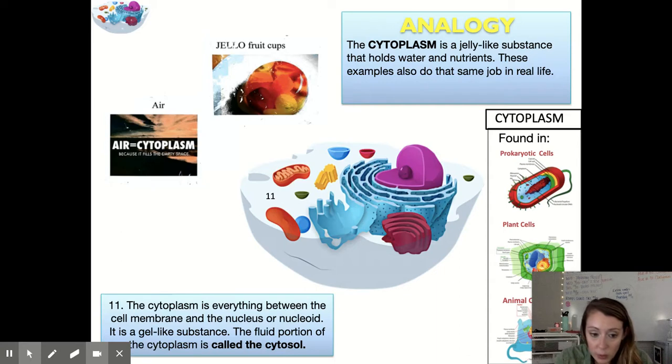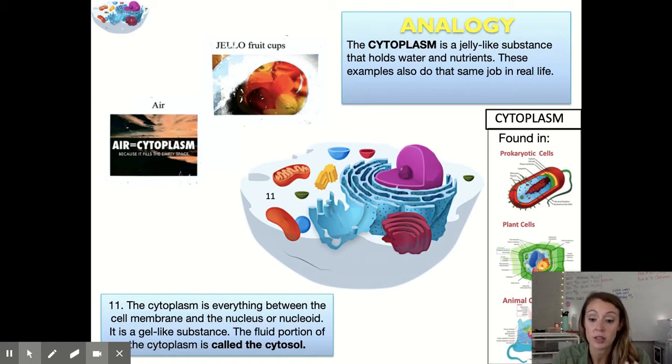So we're going to write down that it's a gel-like substance, and it has fluid like water and stuff for the cell, okay?